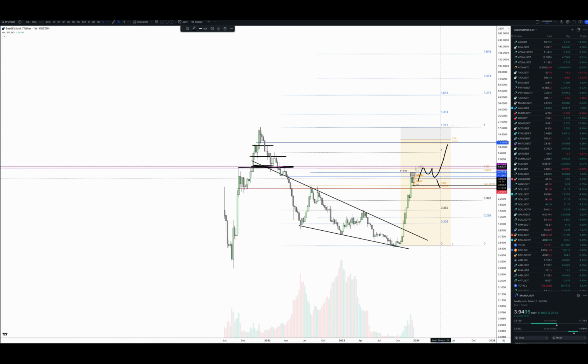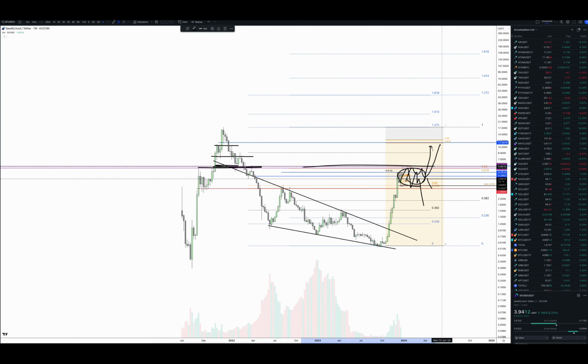It depends on the timing when it does it. But yeah, I do feel like this is a strong move. Here there might be some consolidation, some volatility, potentially back down again, or continue up. But yeah, this neckline is going to be the challenge, in my opinion.